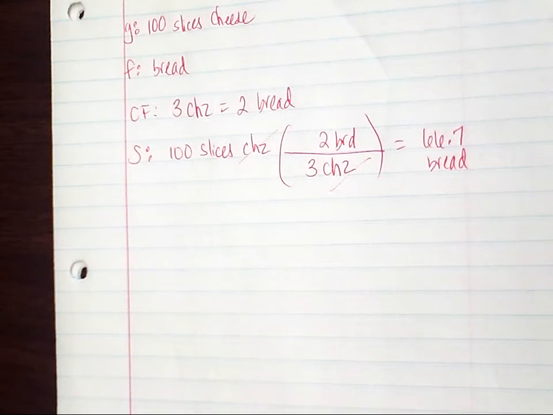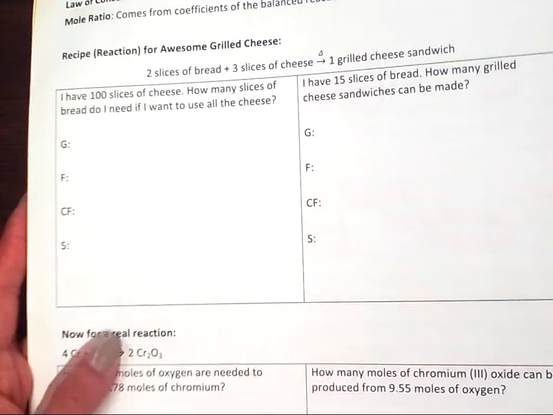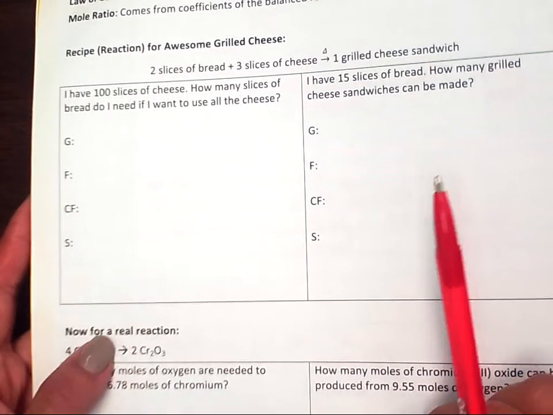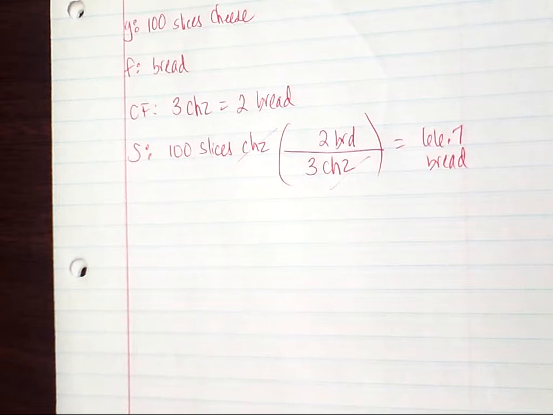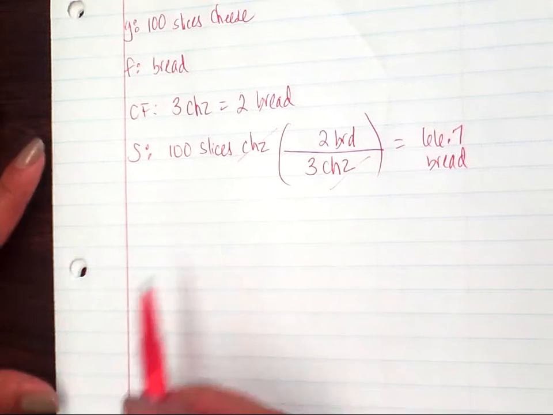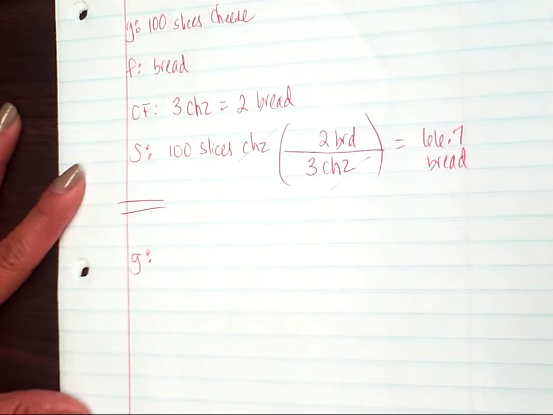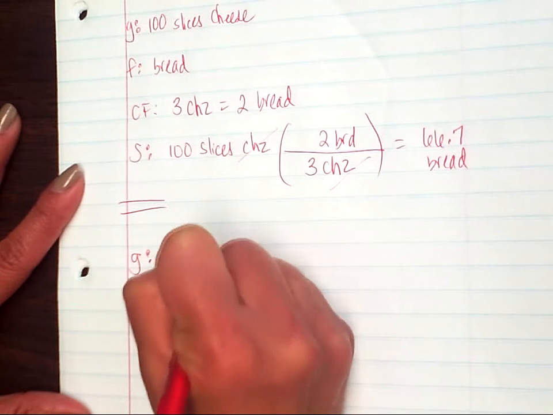I have 15 slices of bread. How many grilled cheese sandwiches can be made? Some of you can answer this before I even start to work it out, right? But let's just do it for the sake of getting good at using the formula that they give us, using the balanced equation that they give us. Okay, so what is the given in this next problem? 15 bread.